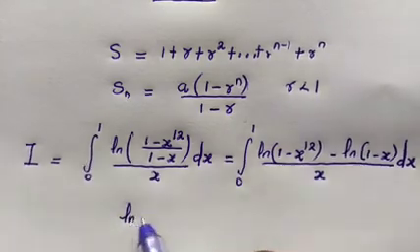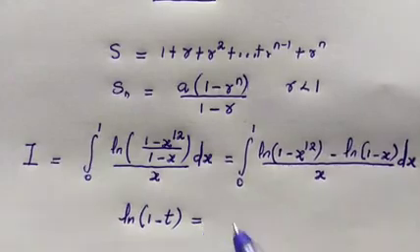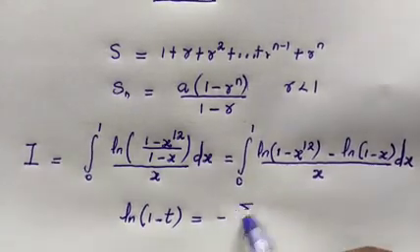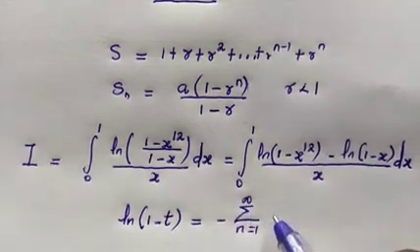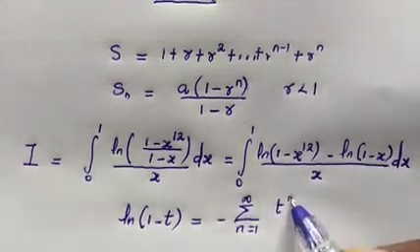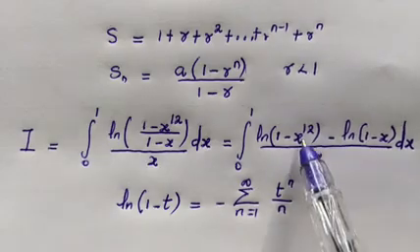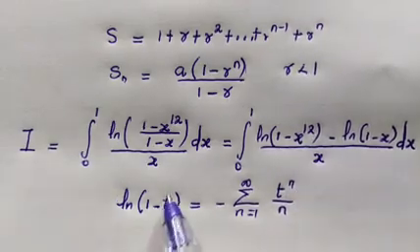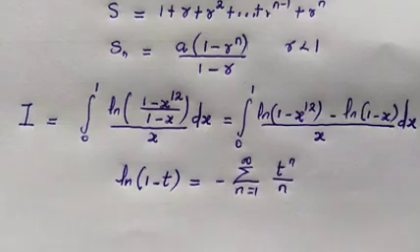So remember, the natural log of 1 minus t is equal to negative sum as n moves from 1 to infinity of t raised to the power of n divided by n. So for this part where we have x to the power of 12, we replace t with x to the power of 12. Correspondingly, we're going to do that to this one.